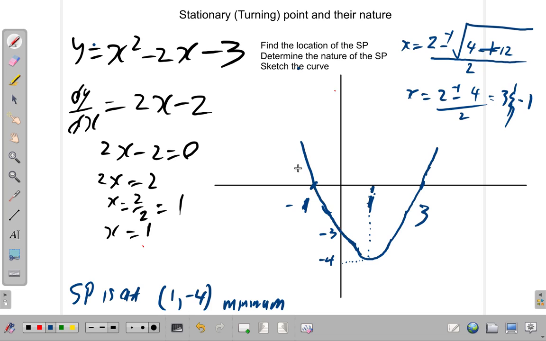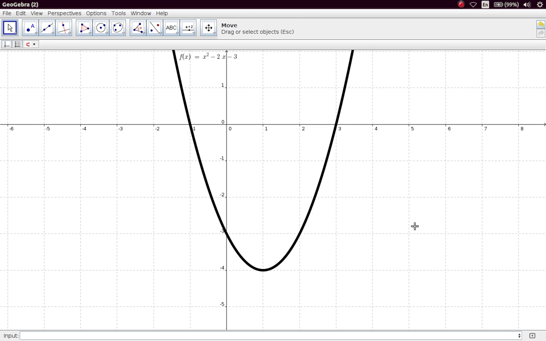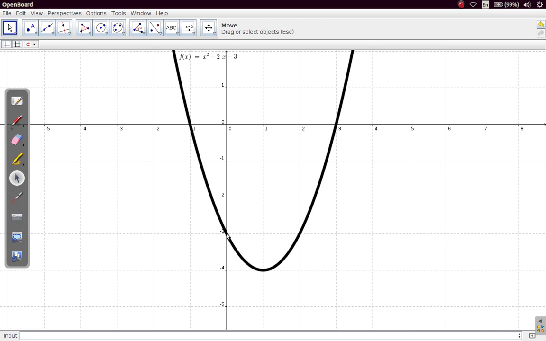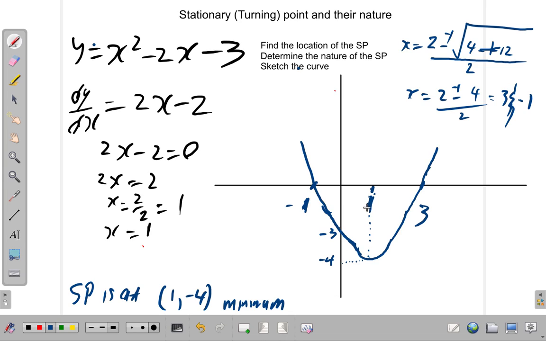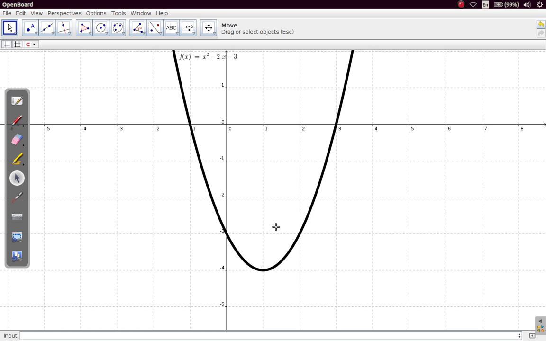It cuts the x-axis at -1 and 3, right? The y-axis it cuts at y equals -3. Good. And the minimum point occurs beside -4 and below 1.